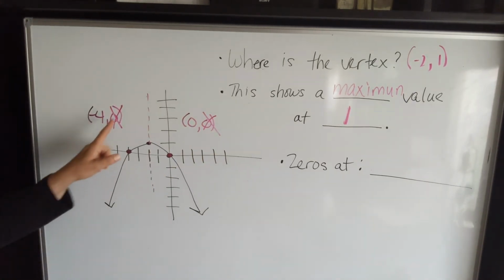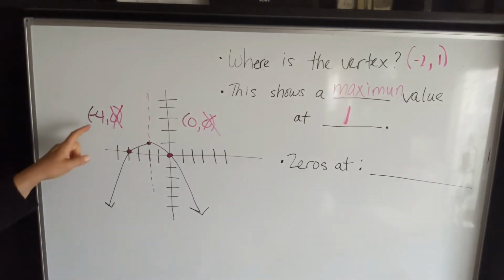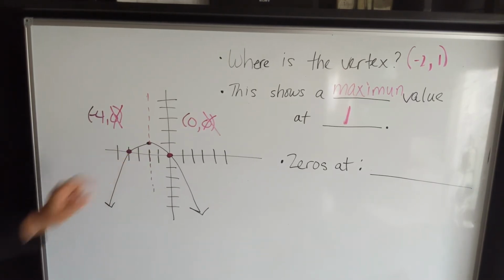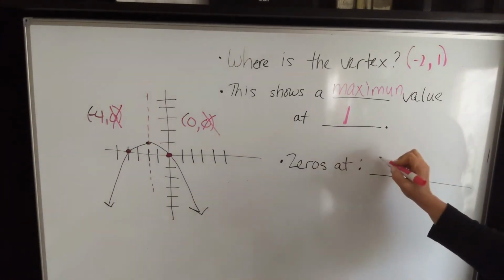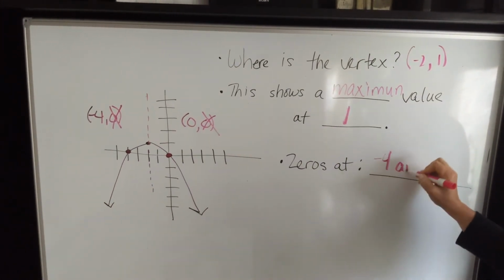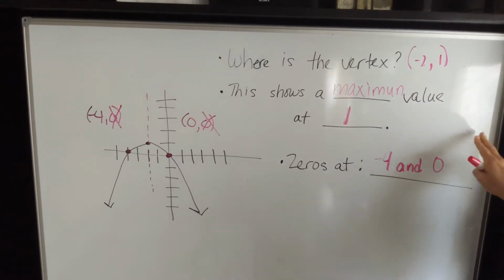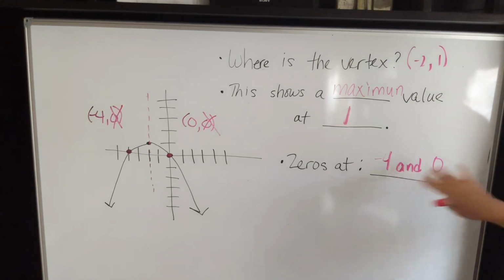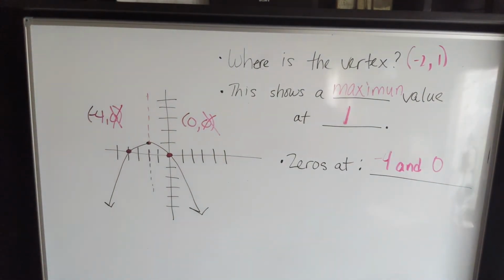I just wanted you to understand that that's why they're called the zeros. I really just need to say there's a 0 at -4, and there's also a 0 at 0. And when I write it out, I would say zeros at -4 and 0. You'll have options. Again, it'll be multiple choice for you to choose from, and you'll be able to choose the correct answer from the list.